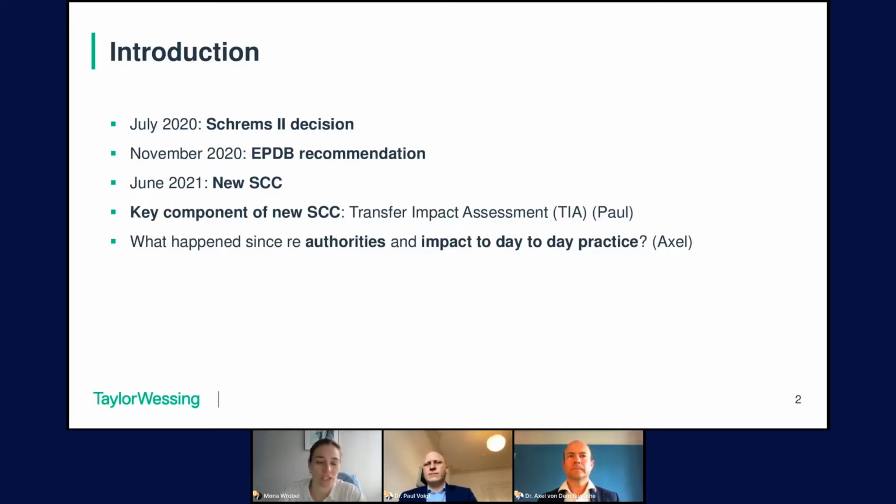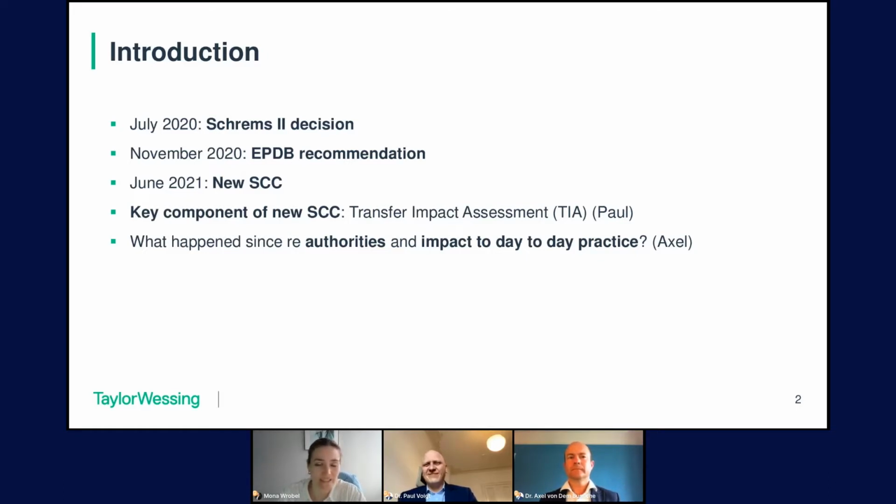Therefore, soon after, the European Data Protection Board published in November 2020 their recommendations on how to conduct data mapping and how to implement security measures in order to secure personal data in a transfer to third countries.